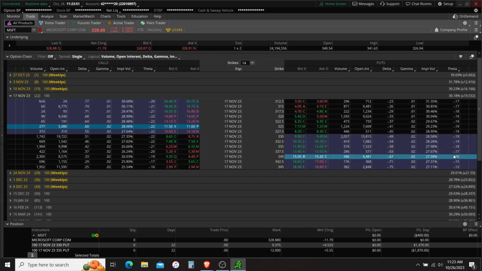Implied volatility will generally go way up right before earnings announcements, for example. So you can make earnings plays instead of buying. Let's say you think Microsoft's going to have good earnings. You could buy the 335 contract, but the implied volatility might be really high, to the point where even if the shares did go up to 335 or 340, you still might not make a bunch of money because you paid so much extra premium in the form of implied volatility.